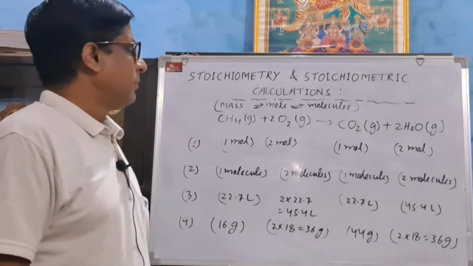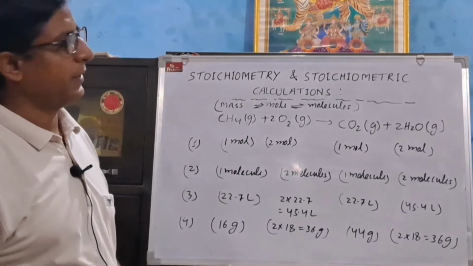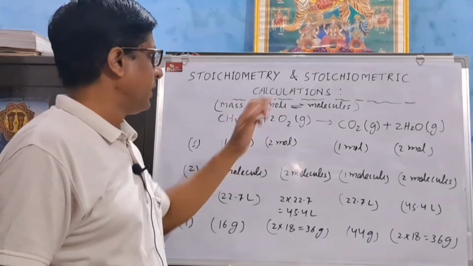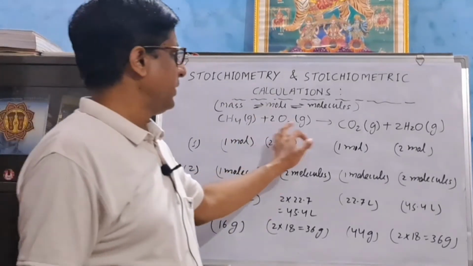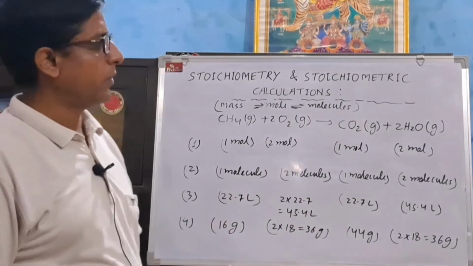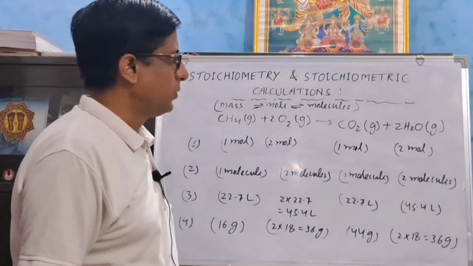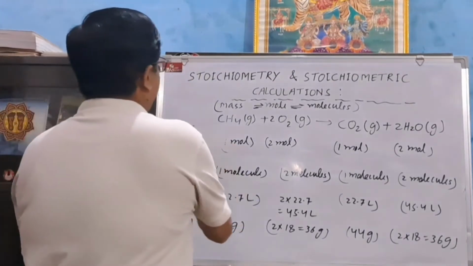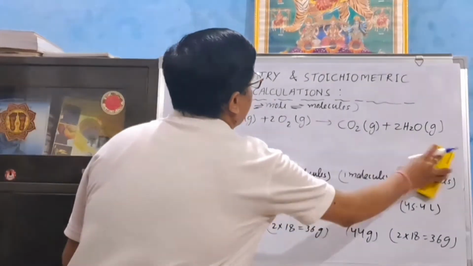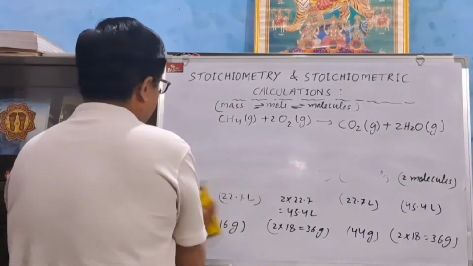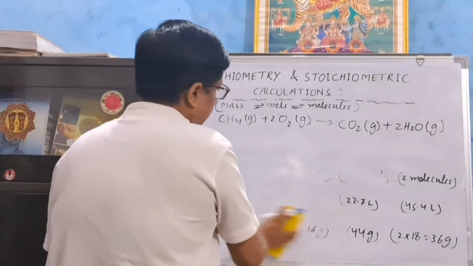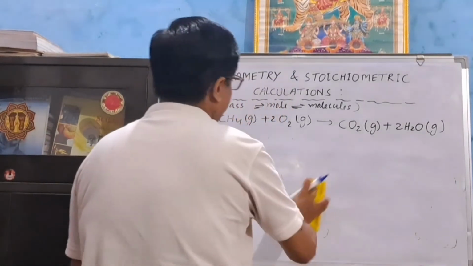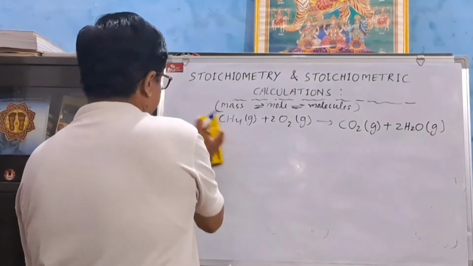I have taken the example of combustion of methane, in which methane combines with two molecules of oxygen to produce one molecule of carbon dioxide and two molecules of water vapors are formed. In order to clear this topic, let us take some examples how to calculate the amounts of reactants or products involved in a chemical reaction.